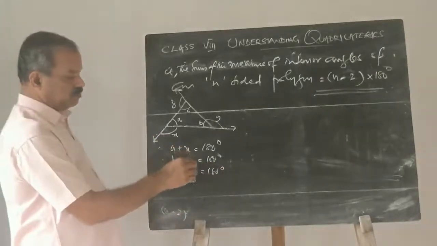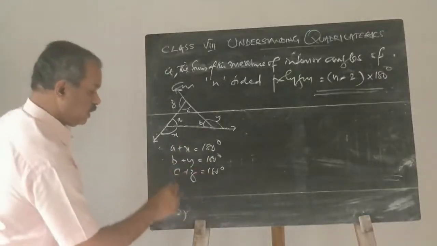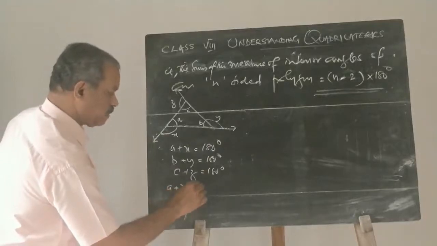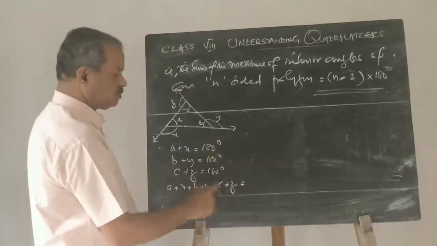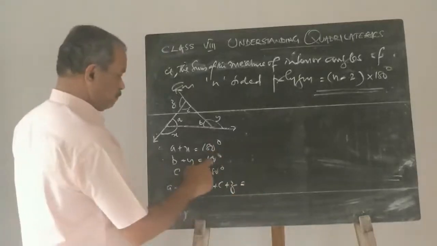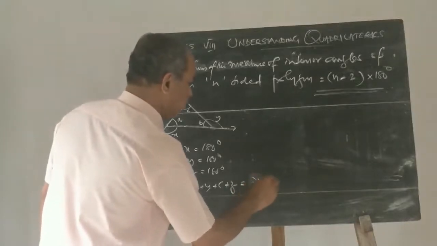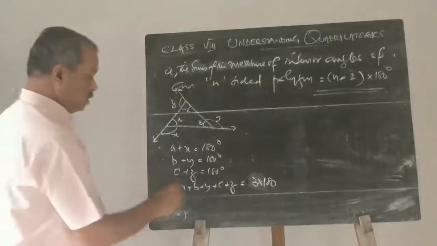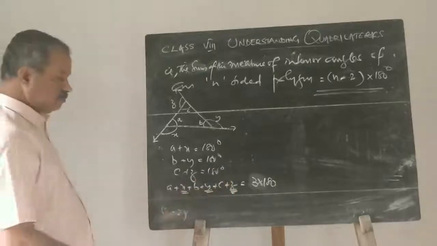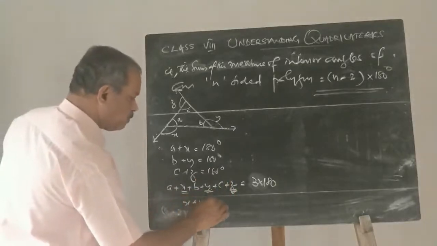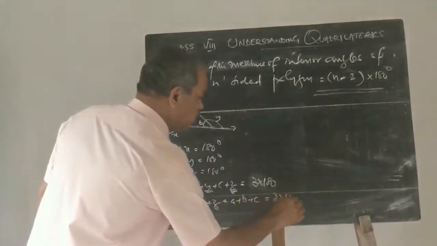We require X plus Y plus Z. To get it, add these three. We get A plus X plus B plus Y plus C plus Z equal to 180 plus 180 plus 180, which is 540, or 3 times 180. So X plus Y plus Z plus A plus B plus C equals 3 into 180.